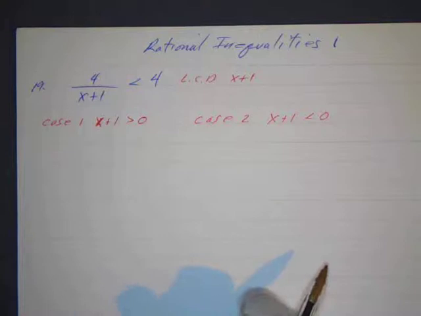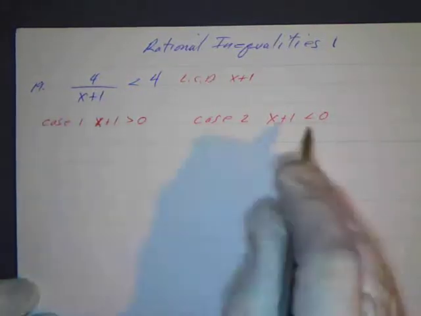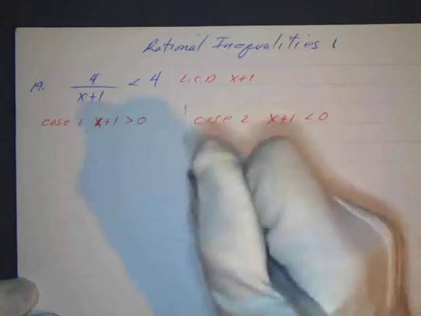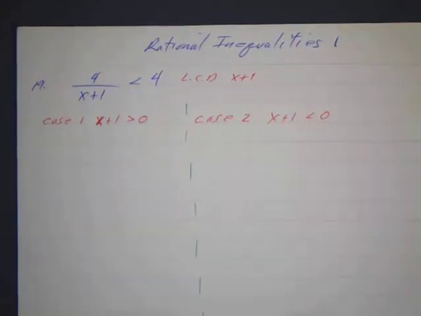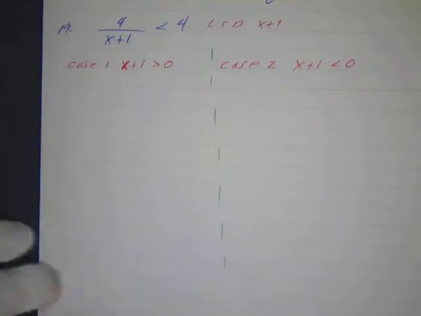All right? Now, it can't be equal to 0 because we can't have 0 in the denominator, so it's either going to be greater than 0 or less than 0. So we have those two different scenarios to deal with. So we just have to separate this and work out both. So it's like two problems.